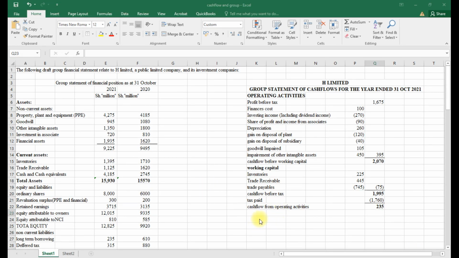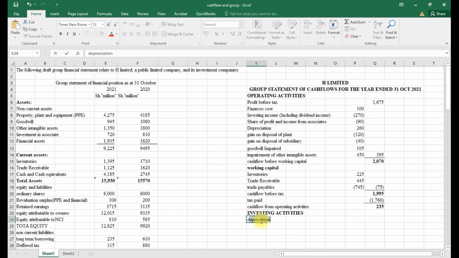So now look at the second part of our question. We have looked already at operating. We look at financing activity, not financing but investing activities. I'll bold this.